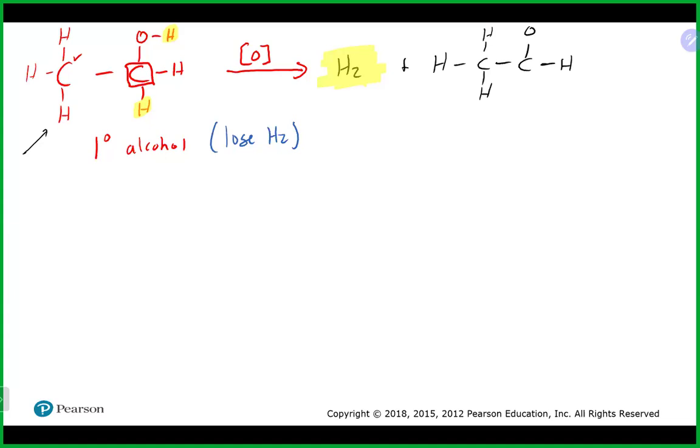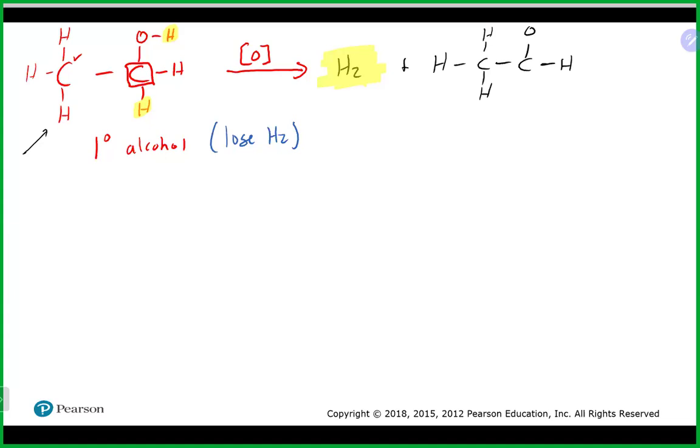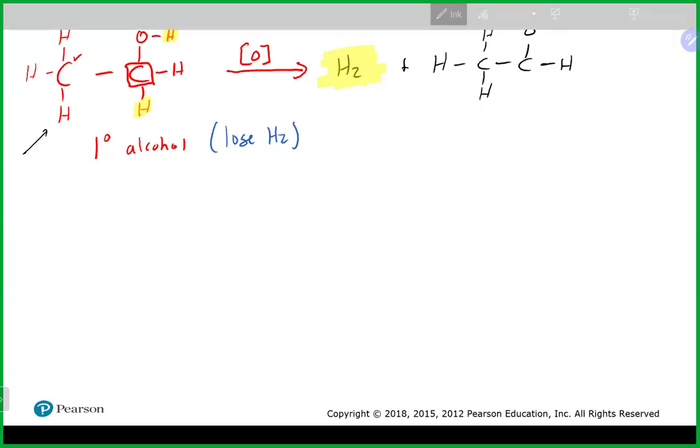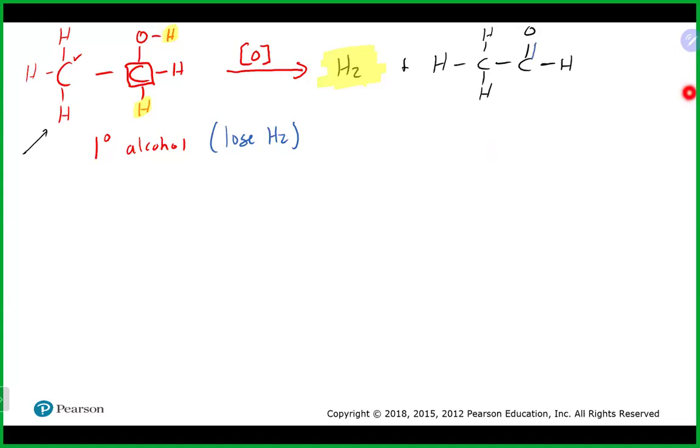So in this particular case, since we actually took off two hydrogens, we need to put in a double bond, and the double bond always ends up right there between the carbon and the oxygen. 100% of the time, no matter what it looks like anywhere else in that molecule, that's the only thing that changes. So you're basically going to remove two hydrogens and add a double bond. And that will always be the case in this case.